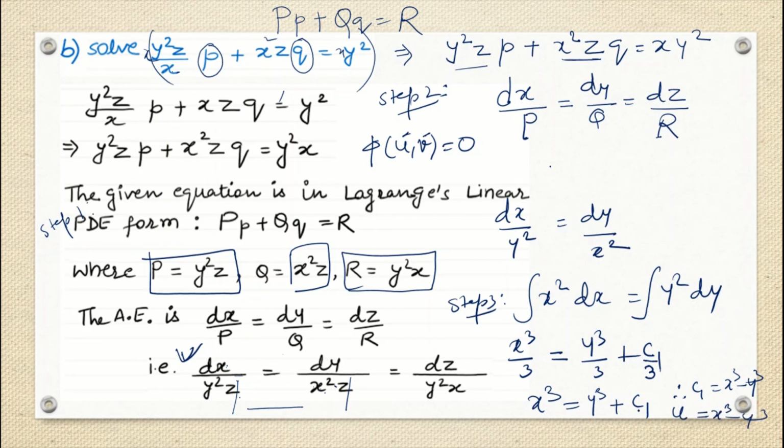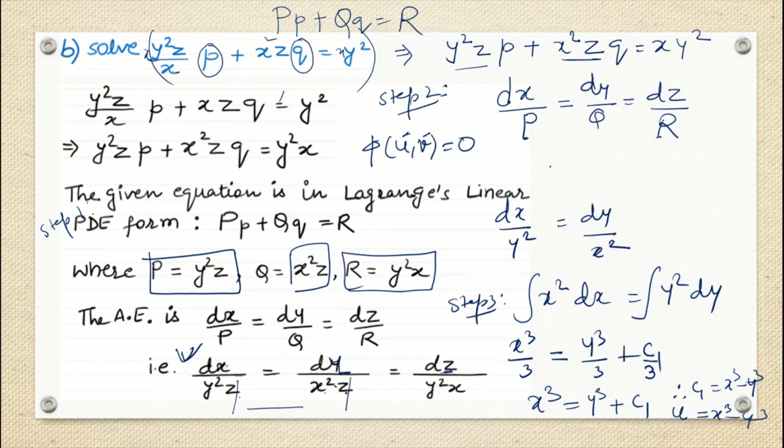Fine. Now I'm going to find out what my v is. To find v, again the same steps I'm going to follow. In step number 2, I'm going to make some other grouping so that the integration part will be easier. If I take my second and third fractions, what should be my goal? If it is dy and dz, the x term should not be present.